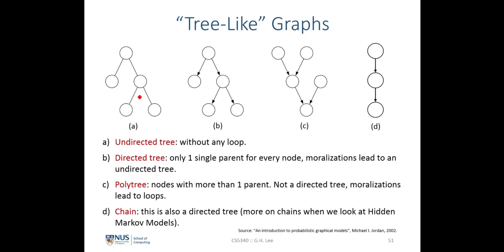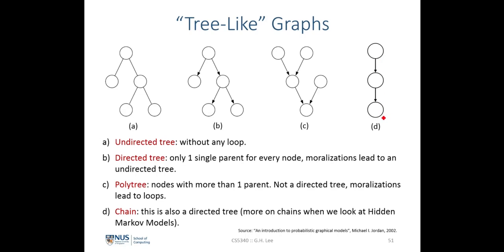And here's an example of a directed graphical model, which is a tree-like graph. Another special case would be the Markov chain that we have looked at in the previous lecture, where every single random variable simply points to the following one.